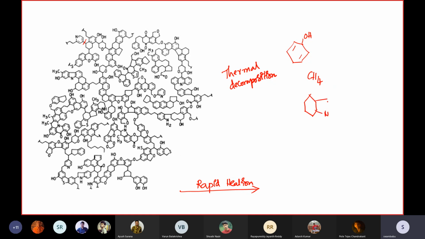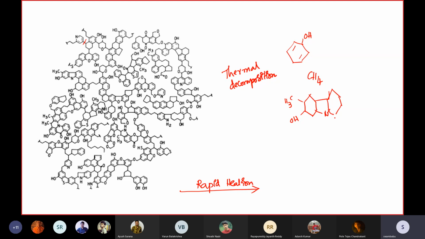So during this thermal decomposition, the covalent bonds will be broken and produce low molecular weight hydrocarbons, and will also produce nitrogen based components, sulfur based components, and many other components.